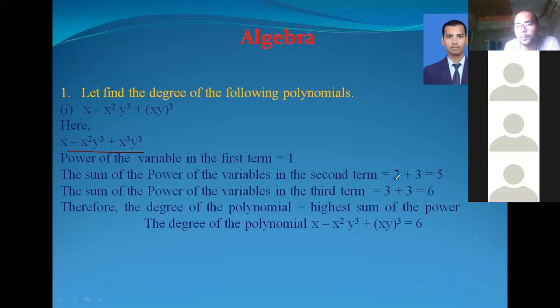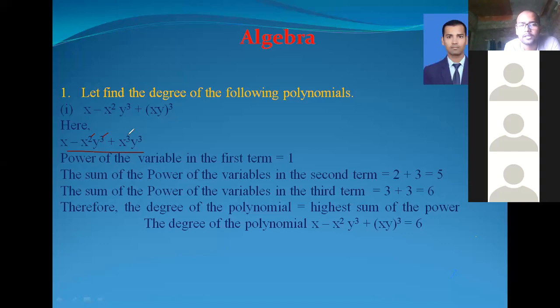In this way, let's talk about the third term, because the expression has 3 terms. In the third term there are also 2 variables. Again, the sum of the powers of the variables in the third term: the variables are x and y, where the power of x is 3 and the power of y is 3.